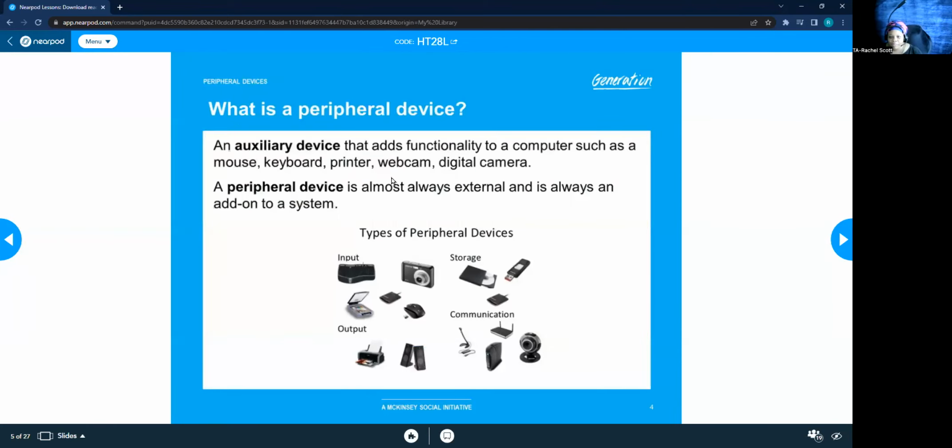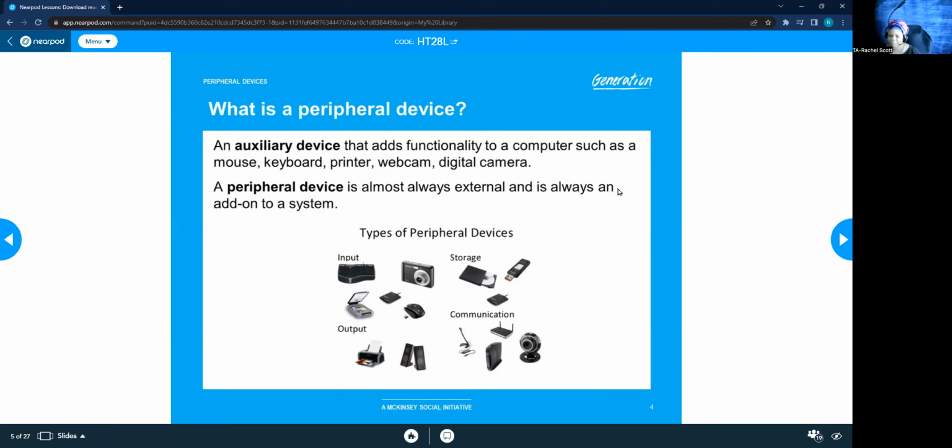So what is a peripheral device? Who can give me the definition or read this slide? An auxiliary device that adds functionality to a computer, such as a mouse, keyboard, printer, webcam, digital camera. Keep going.